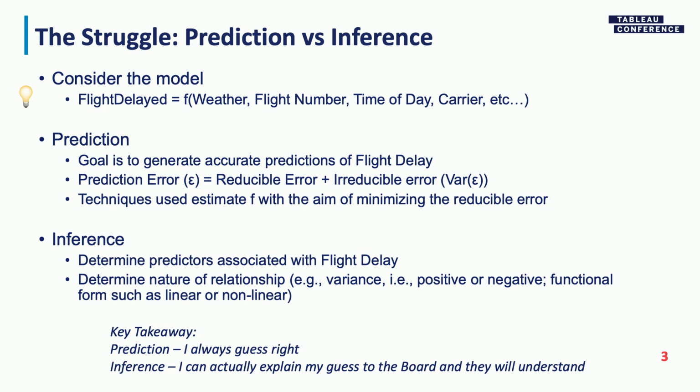So the key takeaway is that prediction is always trying to guess whether I'm correct or not, right? Inference is really, and I like this, I can actually explain what that prediction was and how I got to it to a board member, right? Those are two key important aspects.